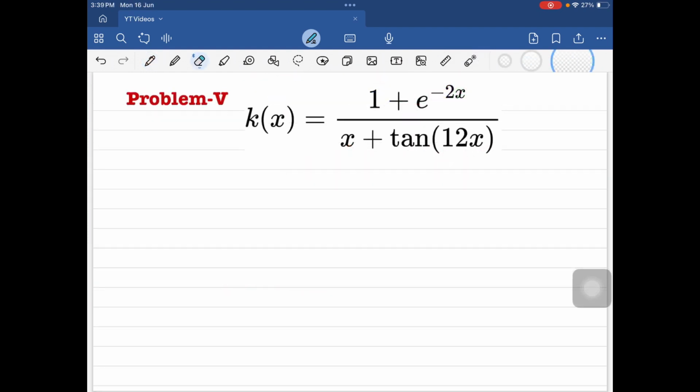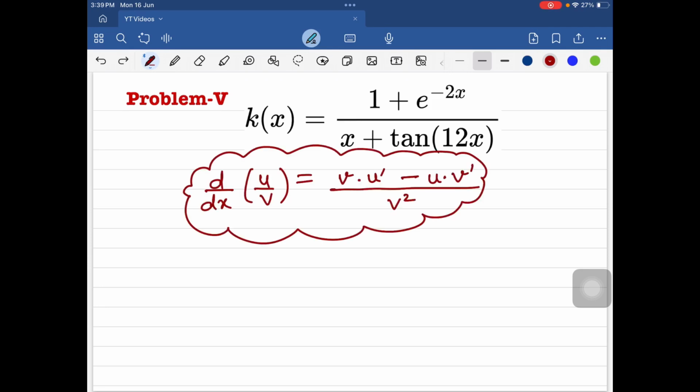In the fifth problem you can see there is a fraction, and x terms are there in the numerator and denominator. When we take the derivative on both sides, on the right side we have to apply the quotient rule of differentiation.